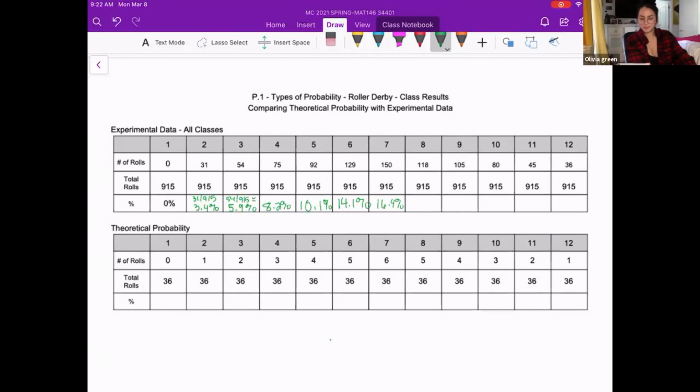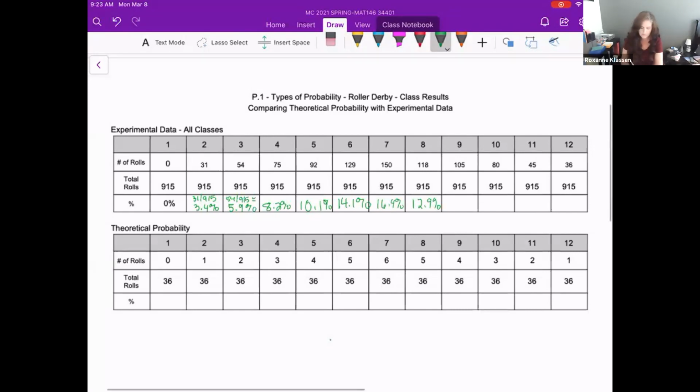Very nice. And 9s, AJ, what'd you get for 9s? I got 11.5%.